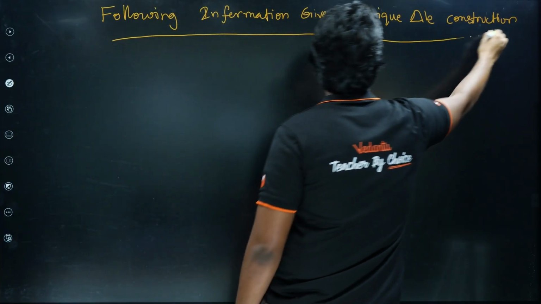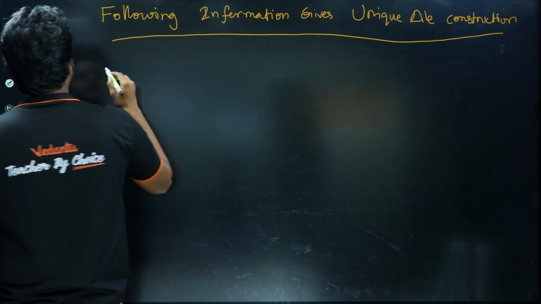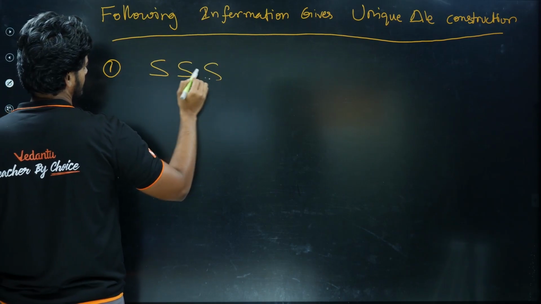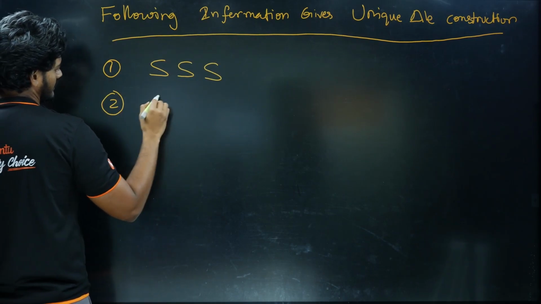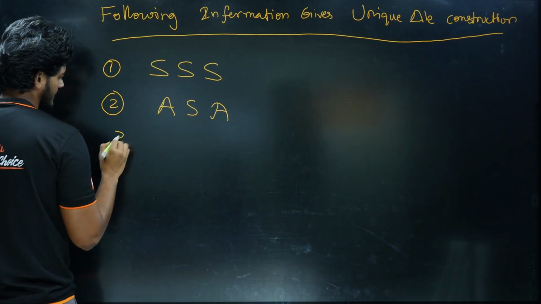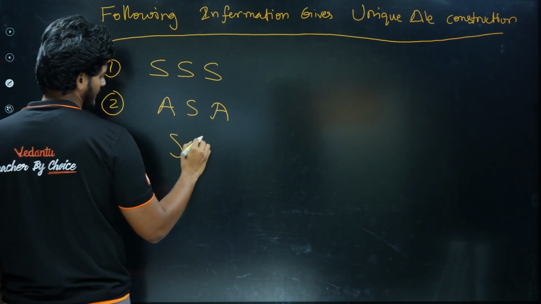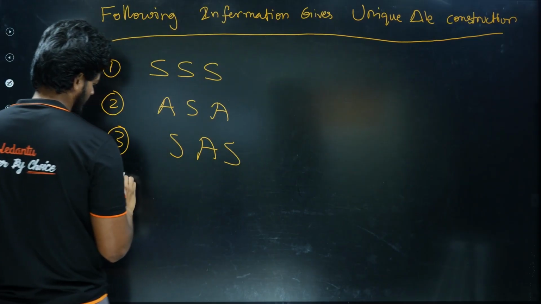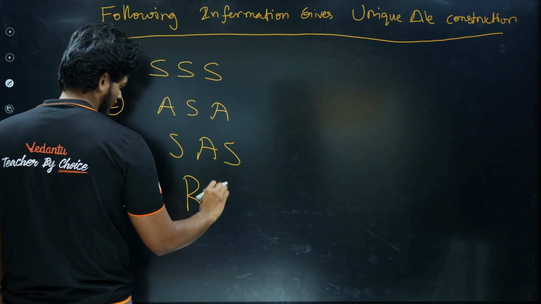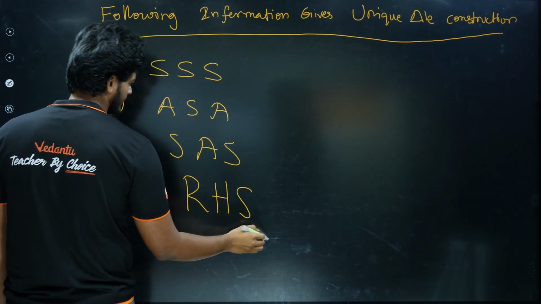What are the following informations? 1, side. 2, angle, side, angle. 3, side, angle, side. 4, right angle, hypotenuse, and a side.